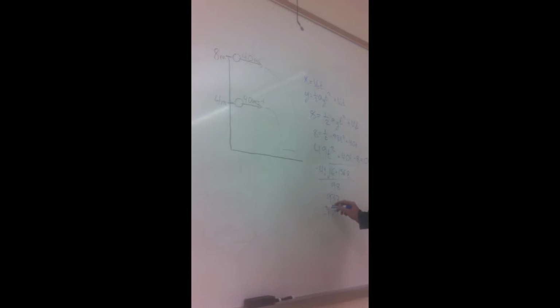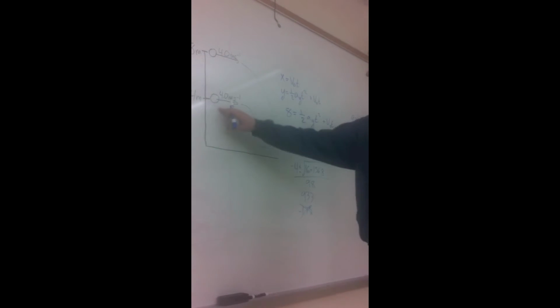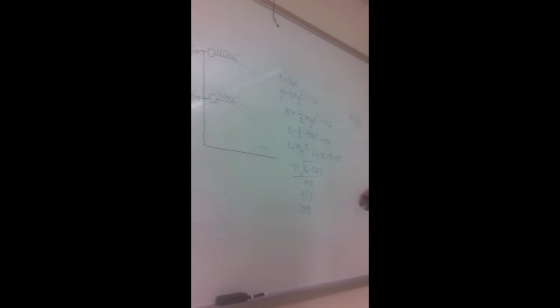Because time can't be negative, that can be one of our answers. So the time that it takes for the ball falling from 8 meters to hit the ground is 0.933 seconds.